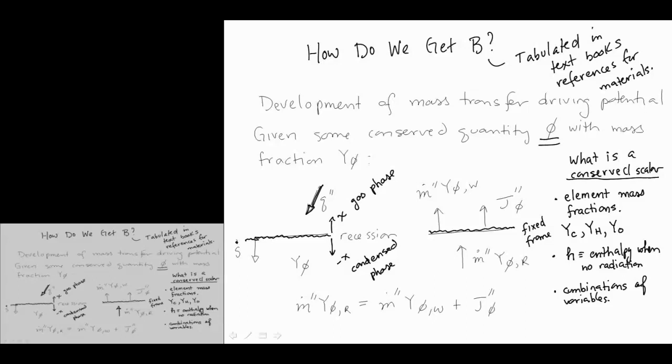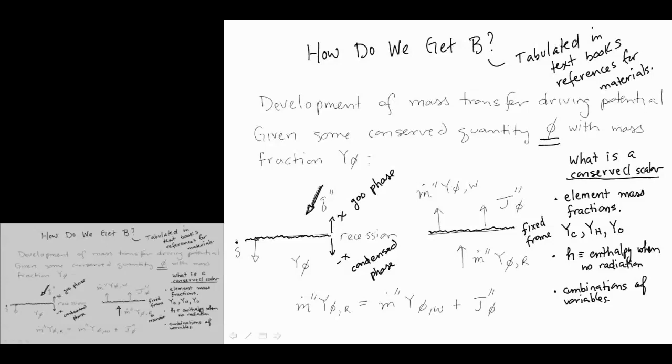And so if we're doing that, for tracking of this mass fraction of this conserved quantity phi, the mass transfer rate of phi in the condensed phase into the interface is the overall global mass flux times the mass fraction of phi in R, where R I'm using to denote this reservoir.